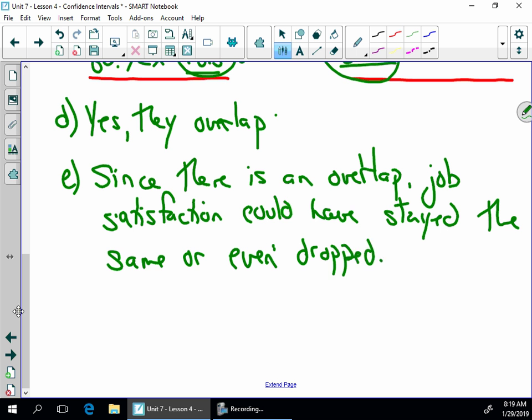It could have gone down. We just don't know. So the first calculation is based on the sample. The confidence interval tells us about the overall population to some level of confidence.